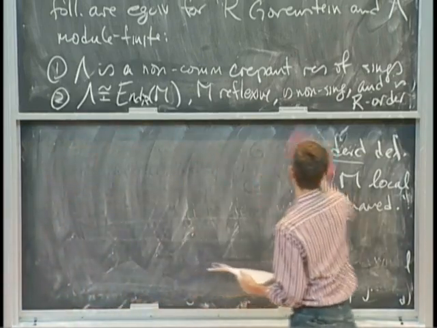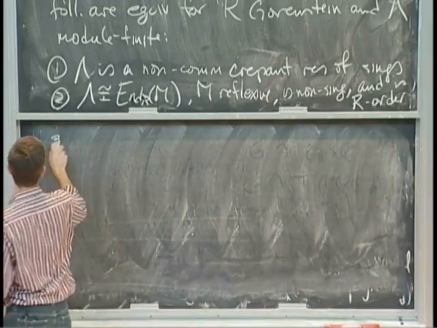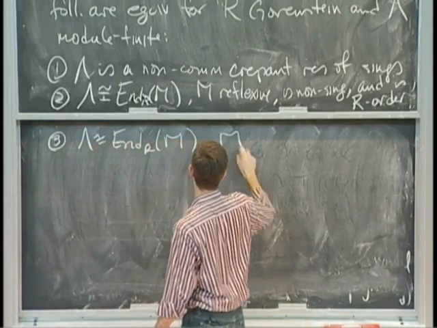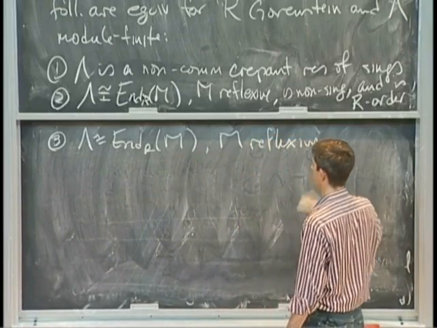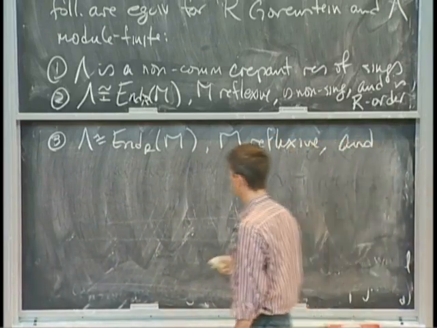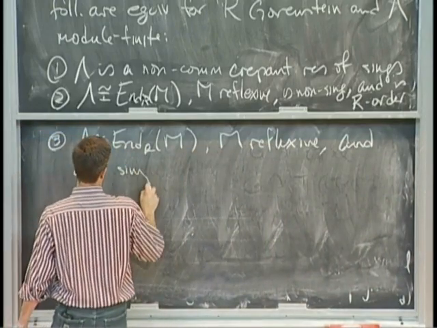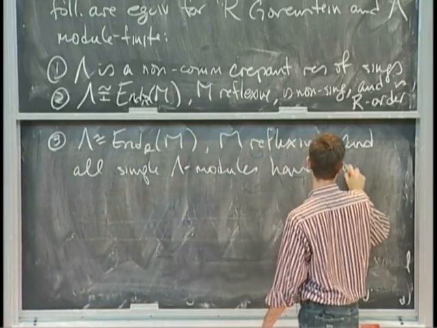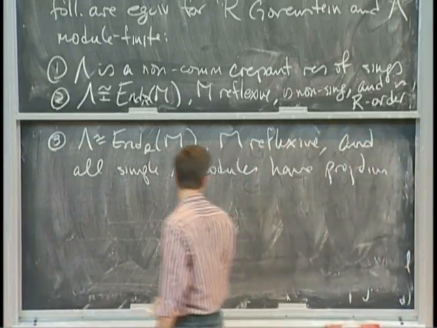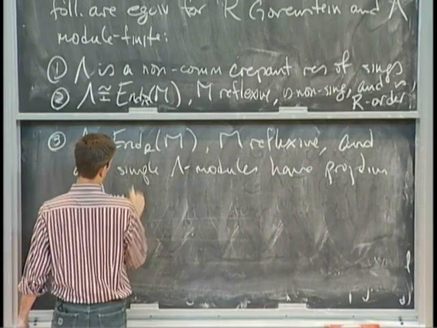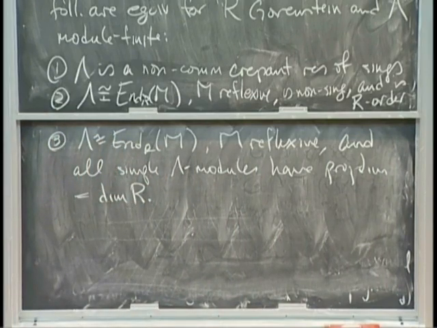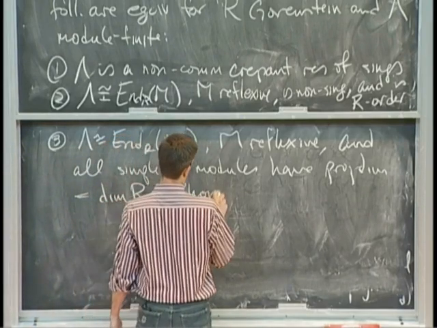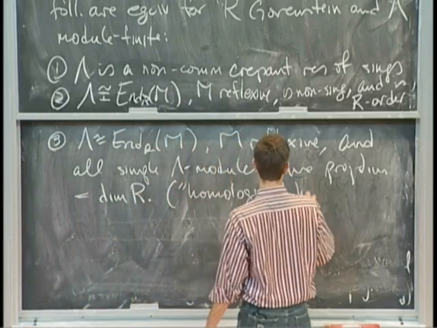Third, that it's an endomorphism ring for a reflexive module, and all the simples have projective dimension equal to the dimension of R. So this last property is called homological homogeneity.